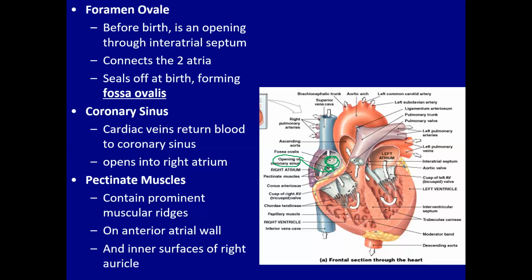The coronary sinus opens into the right atrium, and this is where the cardiac veins are returning blood. So remember, the cardiac veins and arteries are the veins and the arteries that feed and remove waste and CO2 from the muscle of the heart itself, right?